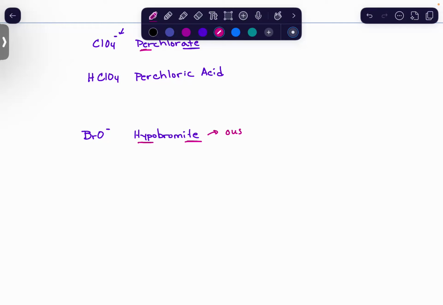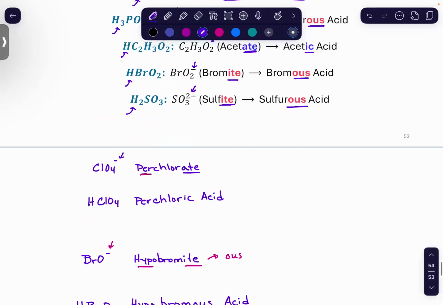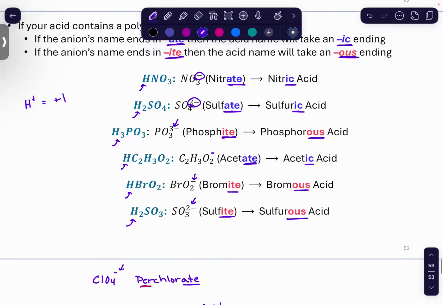It's a -1, so it can take a max of 1 proton. HBrO makes it neutral, and I keep the hypo prefix. I add the OUS ending for the ITE, and it becomes hypobromous acid. So this is how your oxoanion acids will work.